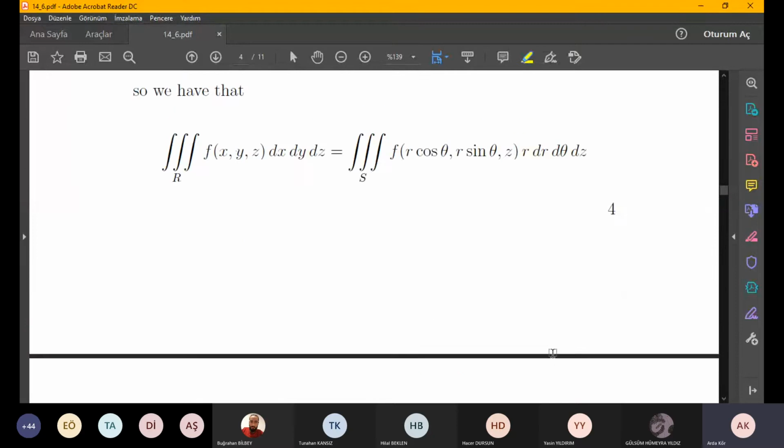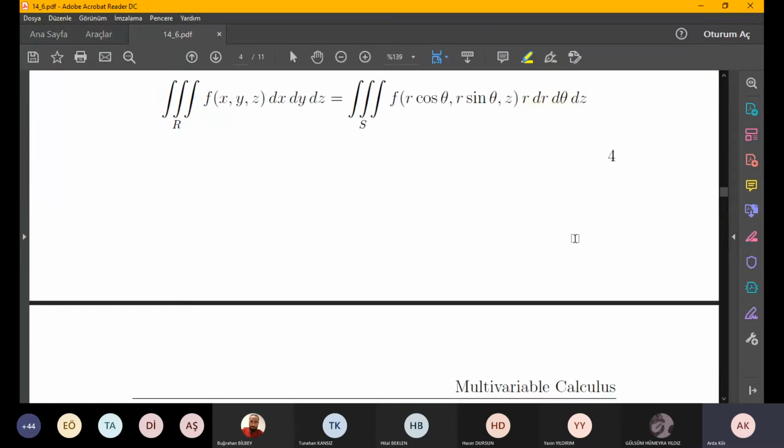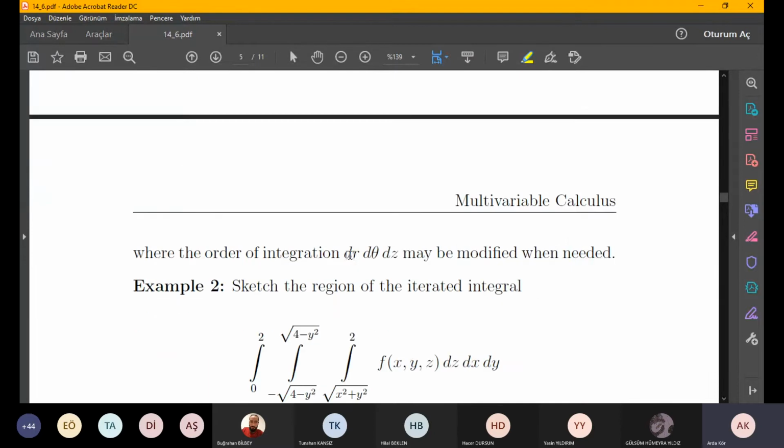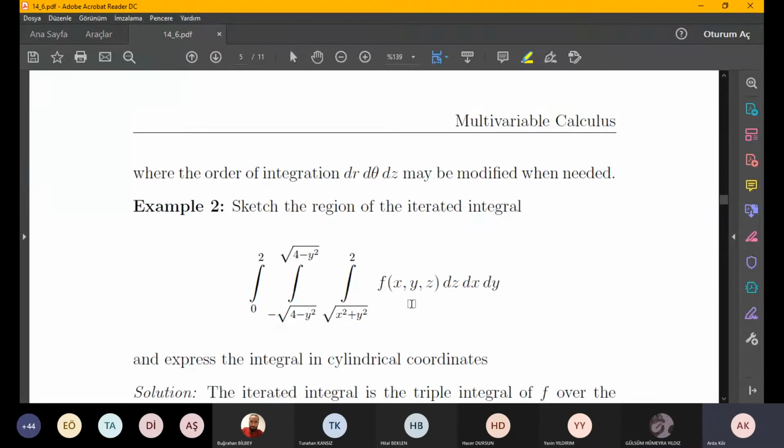Of course, after you have this transformation, you can change the integration order here. So you can modify the integration order when it is needed.